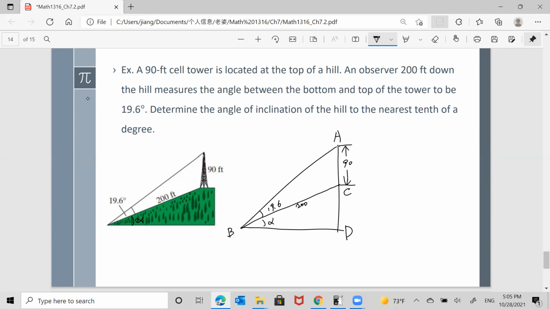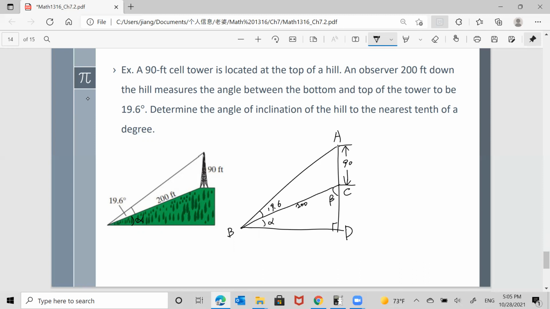If we are looking for alpha, alpha is in this right triangle. So this is 90. If we can find the angle here, let's say this is beta, then we can find alpha using 180 minus 90 minus beta.